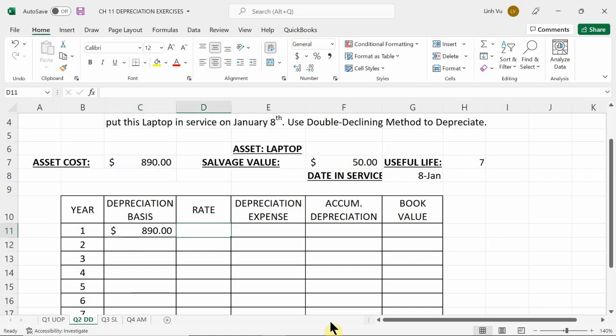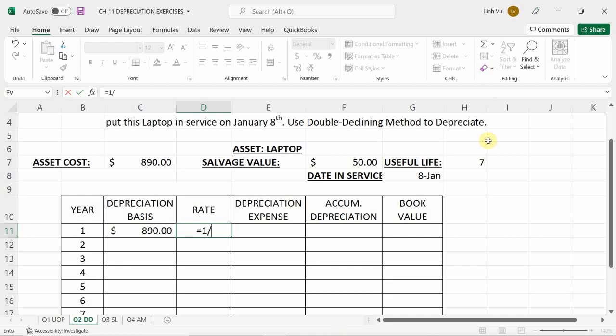What's my rate going to be? No, no. It's 1 divided by 7 times 2.